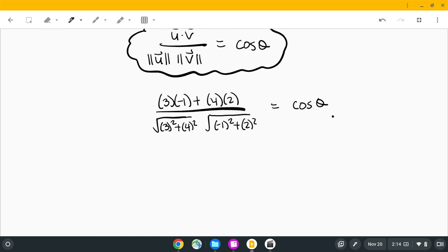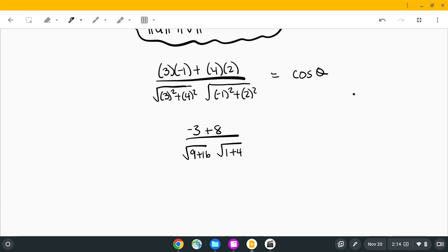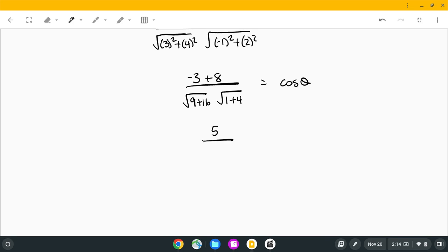Okay, so let's work this out. We get negative 3 plus 8 all over the square root of 9 plus 16, times the square root of 1 plus 4. So we end up with 5 in the numerator. 9 plus 16 is 25, and so that is going to be 5. And then 1 plus 4 is just 5, so square root 5. I can cancel these two 5s here, and I'll be left with 1 on top.